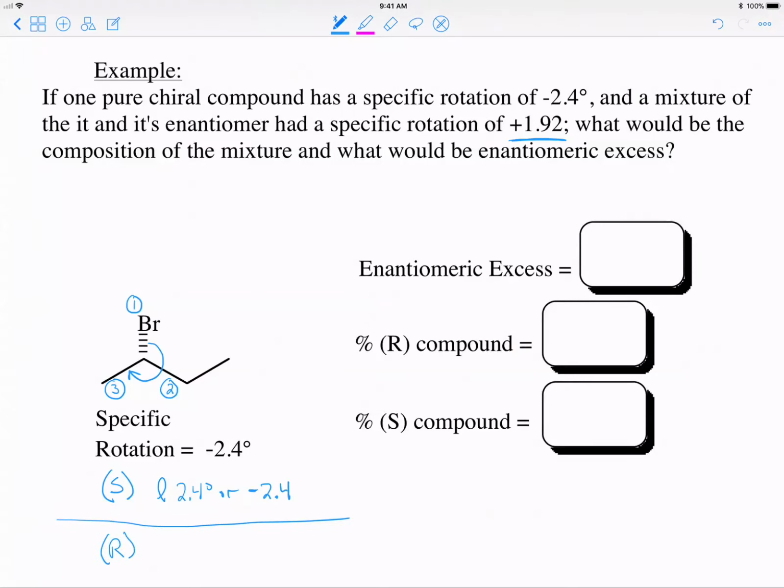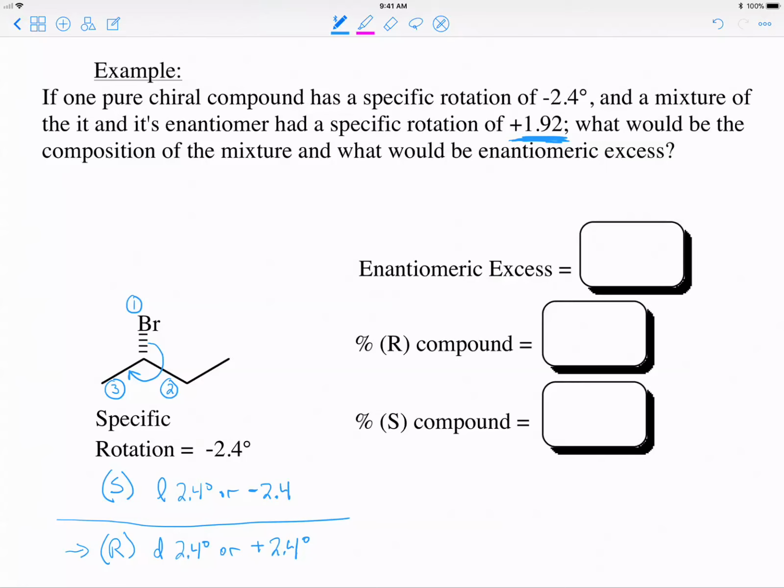The R compound would be dextrorotatory 2.4 degrees, or plus 2.4 degrees. So in other words, if my net rotation is not negative and it's positive, I made more of the other isomer. So in this reaction, whatever I did, I made more of the other isomer that I wasn't looking for. But let's figure out the exact amounts.